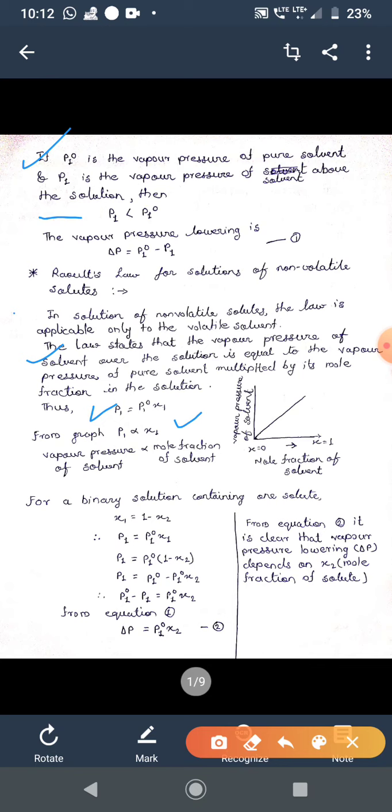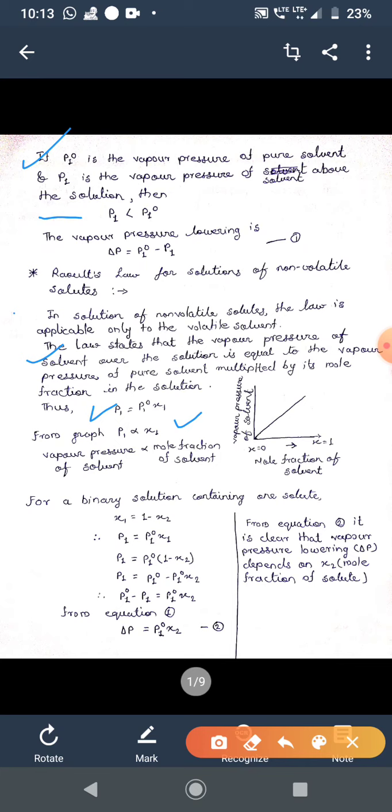Now, what is x1? x1 is the mole fraction of the solvent. In a solution there are two things, a solute and a solvent. The mole fractions of solvent and solute, that is x1 plus x2, always add up to 1. We know this very well.